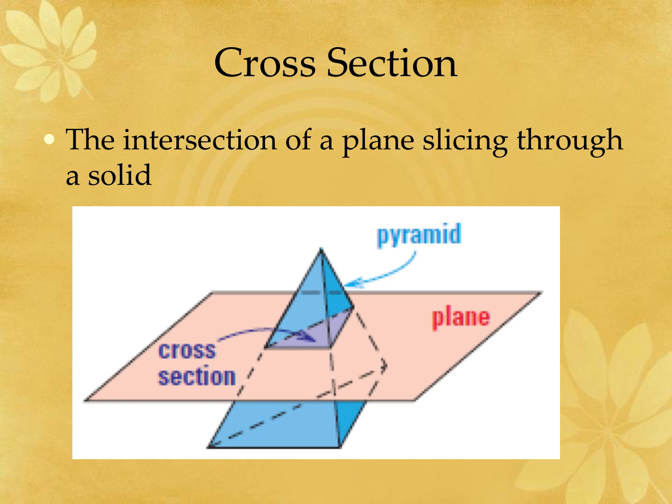So in these color pictures, the cross-section shape that you would see is the dark purple. So here, when I slice through this triangular pyramid, notice the shape of my base here is a triangle. So the name of this pyramid would be a triangular pyramid.